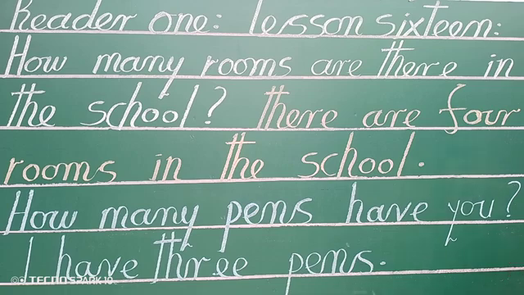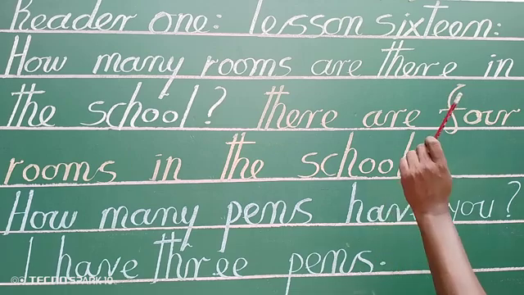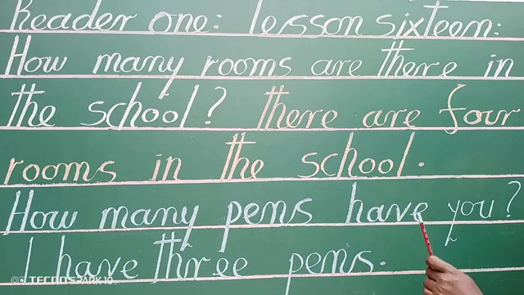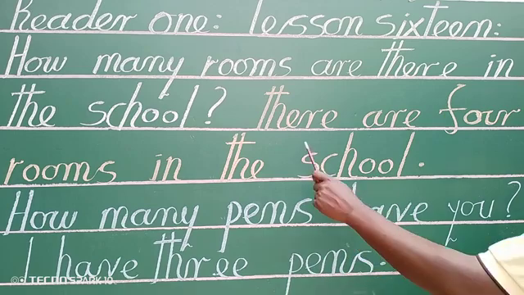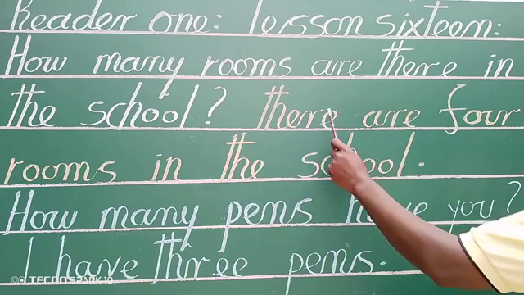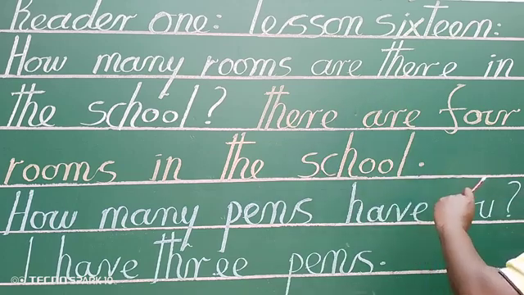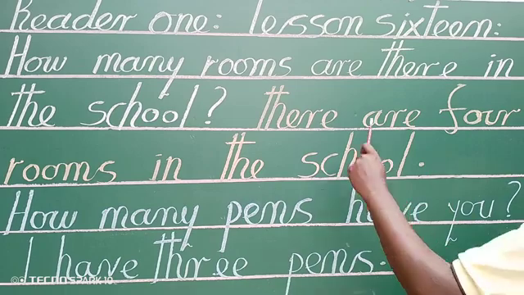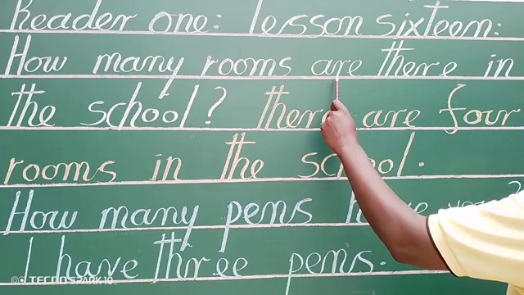Okay, in order to make a sentence or a statement for these questions, the first word we try to use is 'there'. Pick this out, 'there', and then you have to bring 'are' for the second.